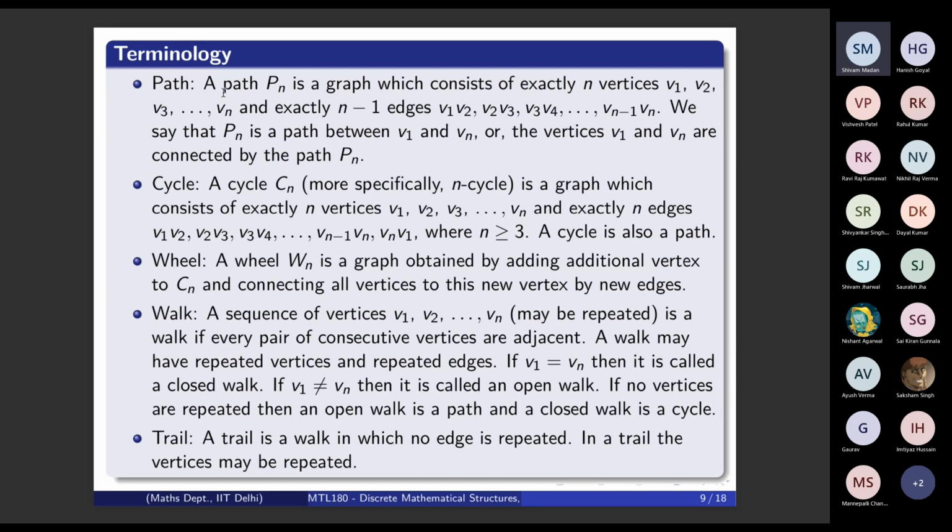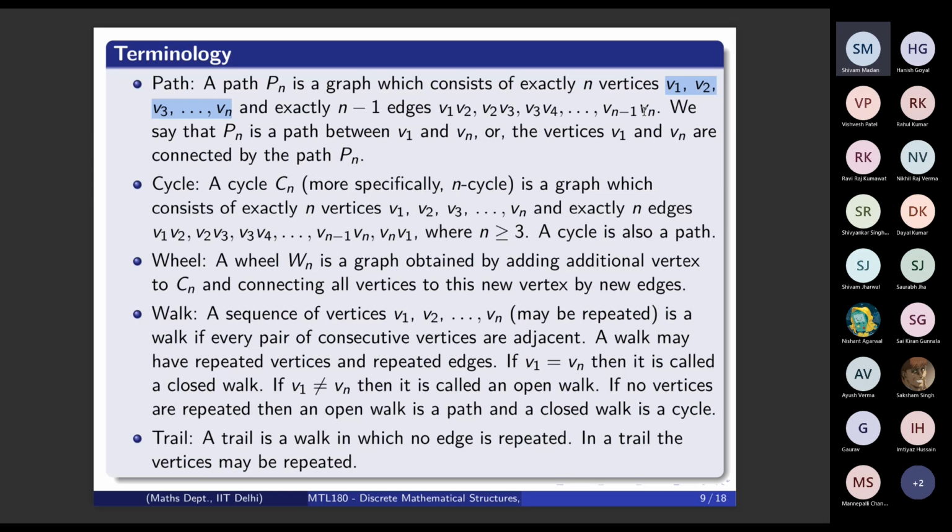A path, which we generally denote by Pn, is a graph which consists of exactly n vertices, say V1, V2, V3 up to Vn, and since we are saying exactly n vertices, they are different. We have exactly n minus 1 edges: V1V2, V2V3, V3V4 and up to Vn minus 1 Vn.